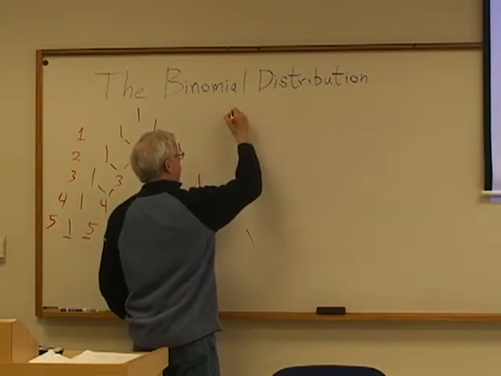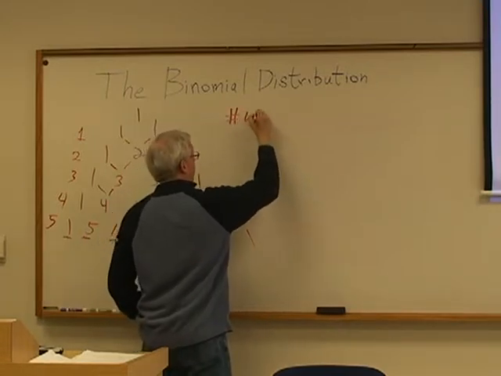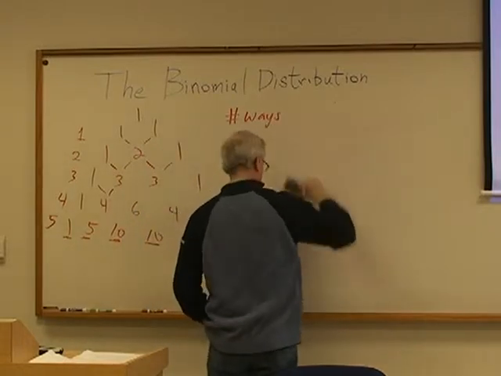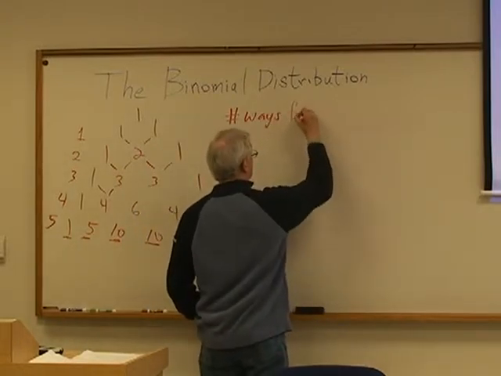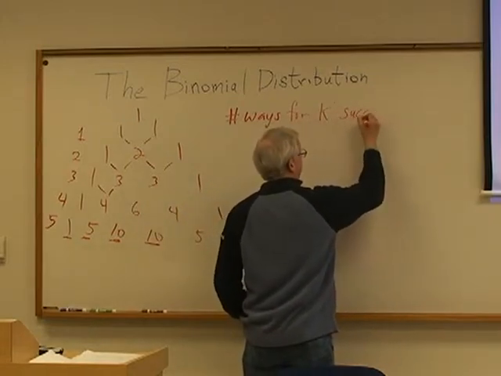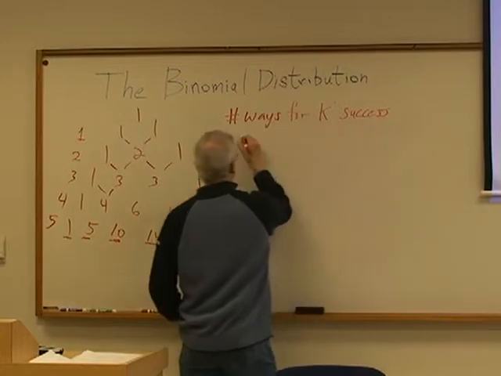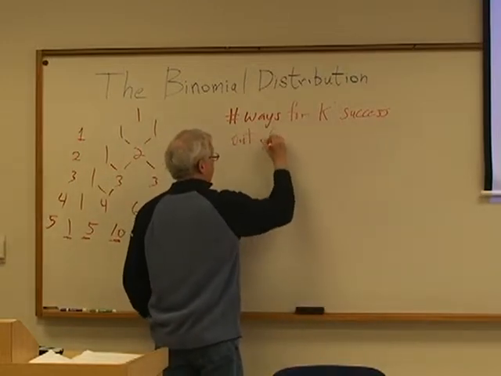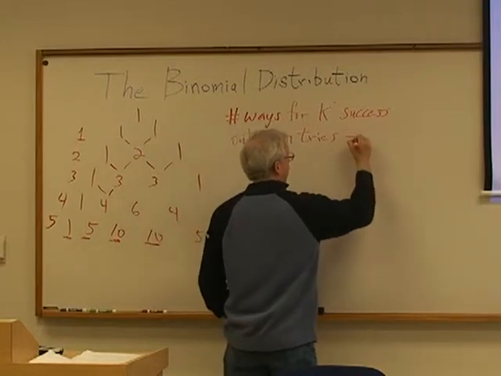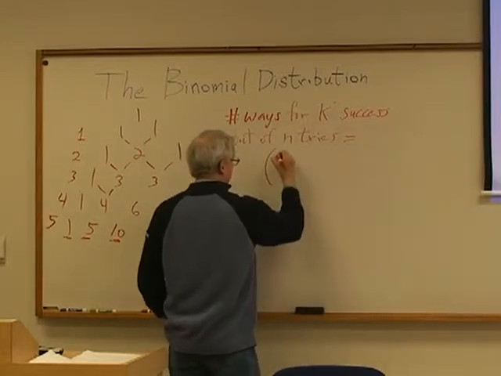The number of ways, or number of patterns, for getting k successes, we can think of those as heads, out of n tries, the total number of coin flips, is, by definition, the following.